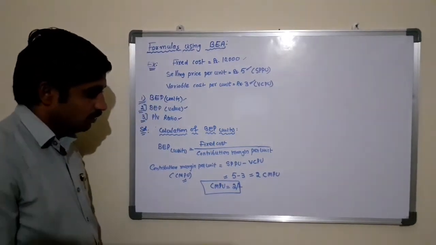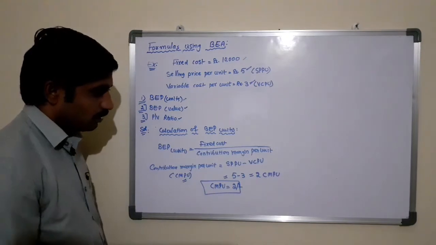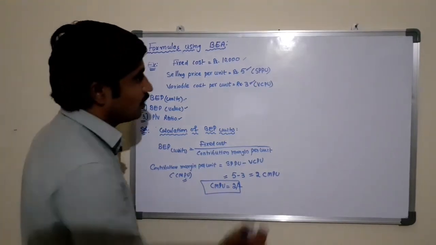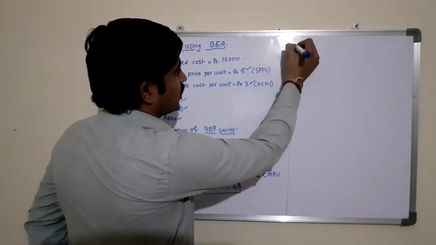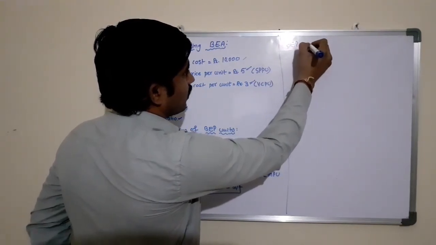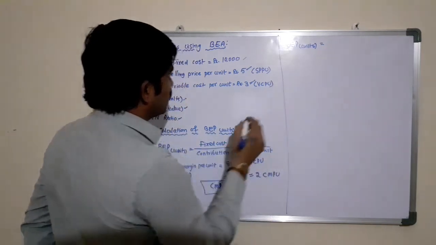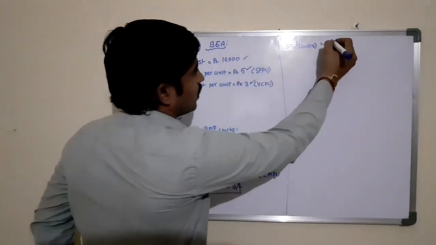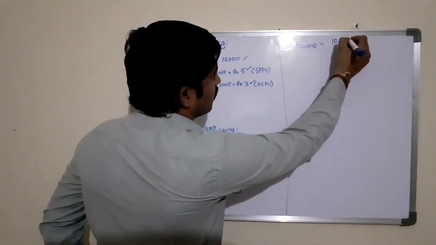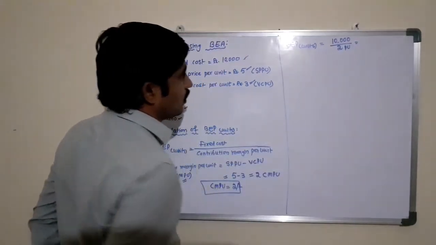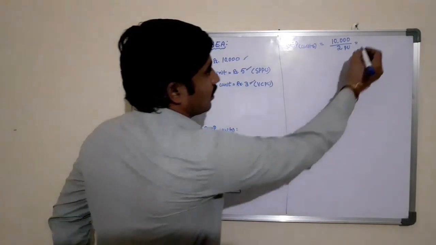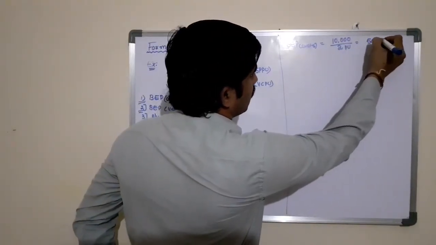Now you can substitute the fixed cost and contribution margin per unit in the formula. Here BEP units equals fixed cost, as given 10,000 rupees, by 2 rupees per unit, that is contribution margin per unit, which equals 5,000 units.